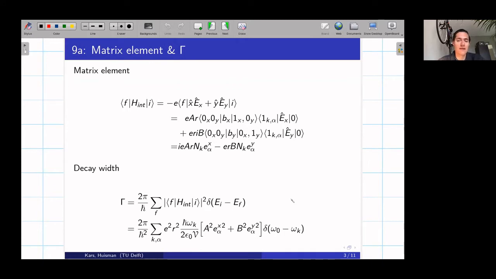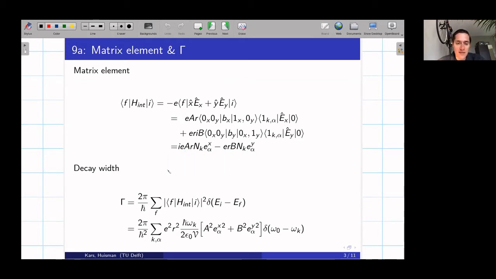Good. Then we're asked to calculate the matrix element given this final state. So you just take the expectation value of the interaction Hamiltonian. You plug in the initial and final state we found, and here I wrote down the parts which contribute, and then in the end you'll find that the matrix elements are given by this thing here.